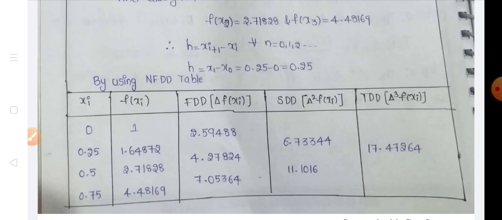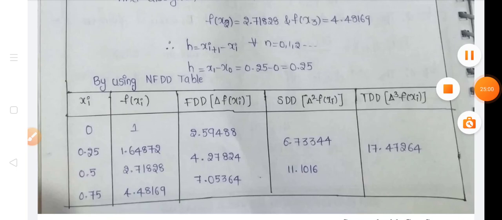Therefore, h equals to xi plus 1 minus xi for all i equals to 0, 1, 2, so on. h equals to x1 minus x0, putting i equals to 0, equals to 0.25 minus 0 equals to 0.25.